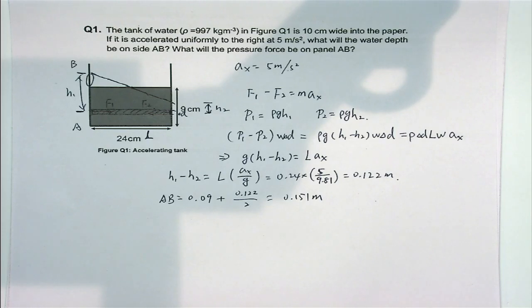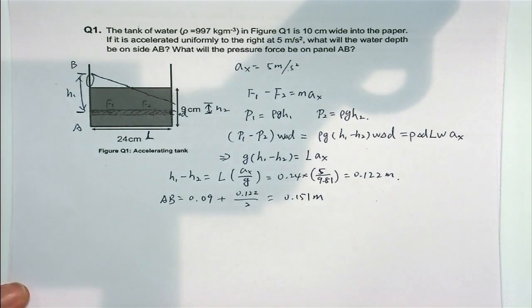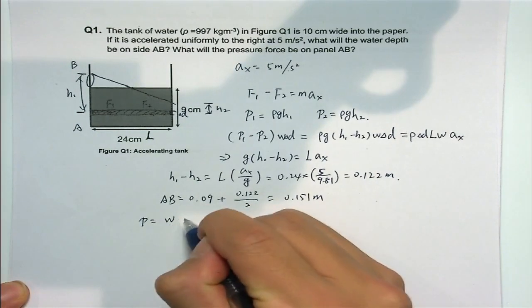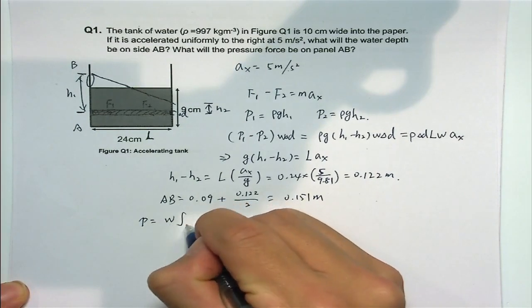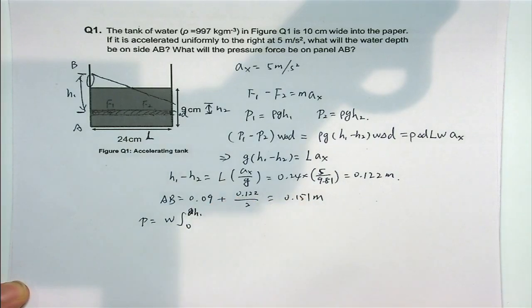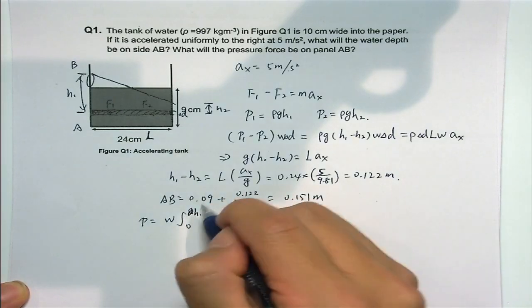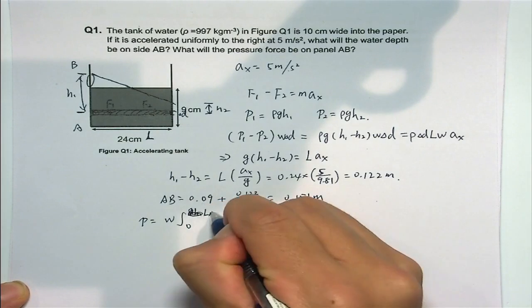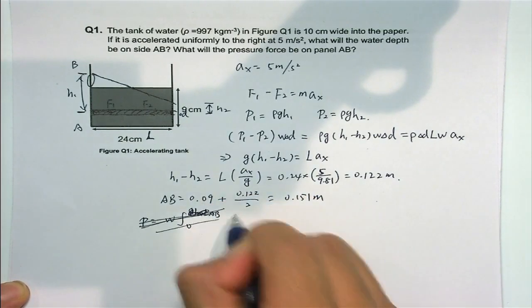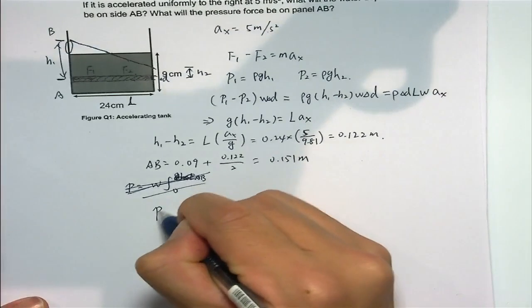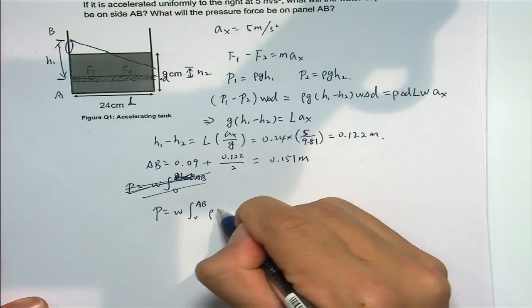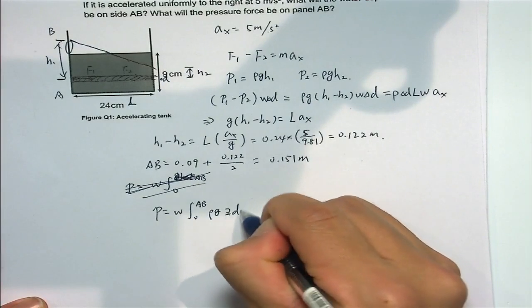So for example, we do the integration. The force is W, from 0 to L AB, the length of it, equal to W integral from 0 to AB of rho g z dz.